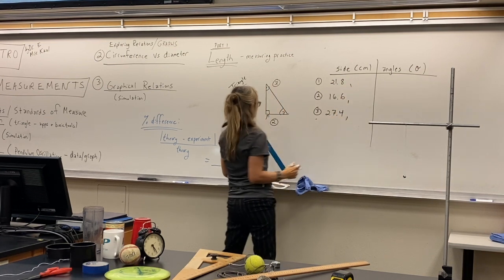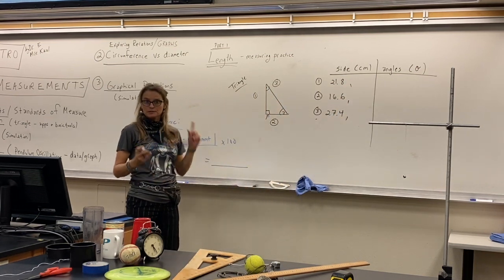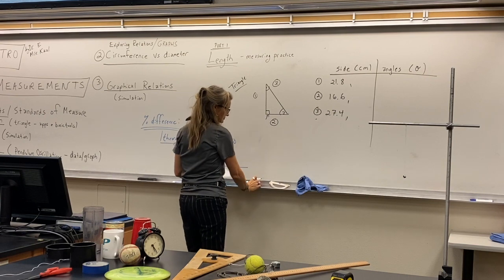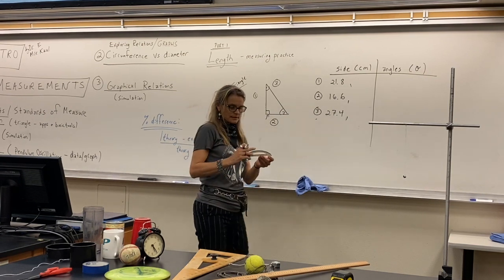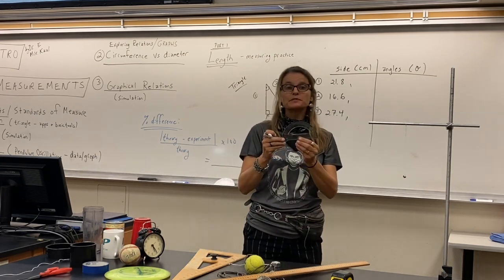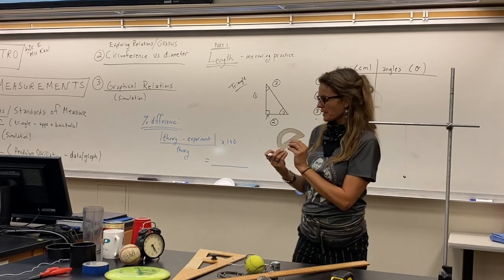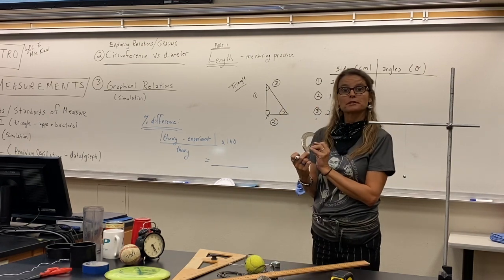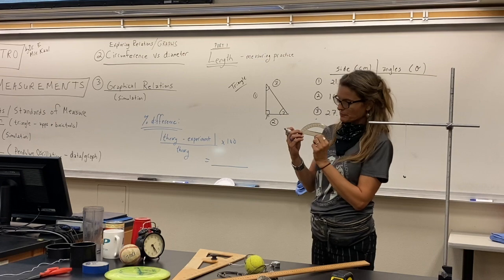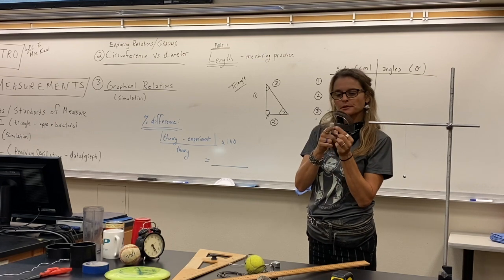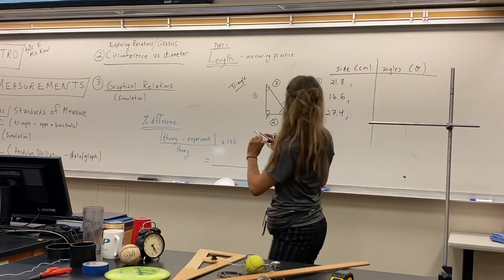Okay. Next up, for angles, we want to use our protractor. And for the first set of data, we're going to use these protractors, either the protractor you have on hand or the printable protractor. So again, remember that you're measuring from the center point, that pivot point of the protractor.